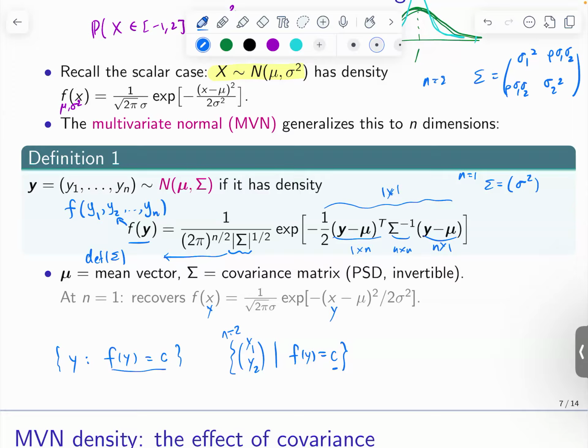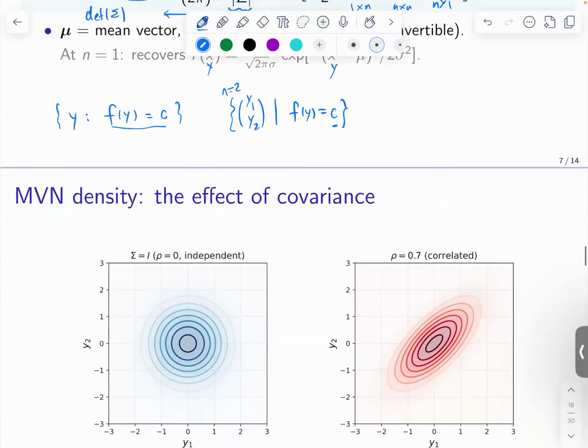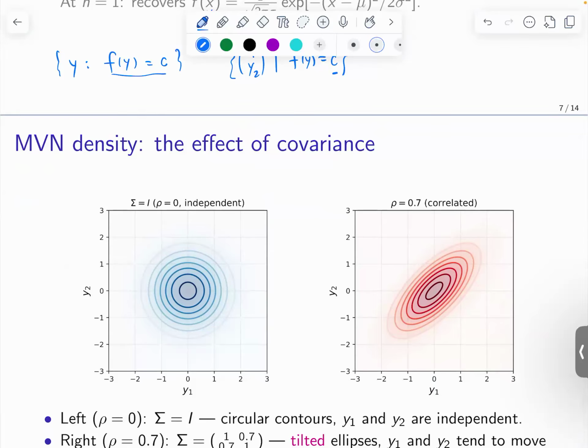You can plot the set of all points in the plane for which this density has the same value, which means that they're equally probable. In the n equal to 2 case, when sigma is identity, so there's no correlation, then you get these circles. Things here are equally probable, and the color is also the size of the constant.